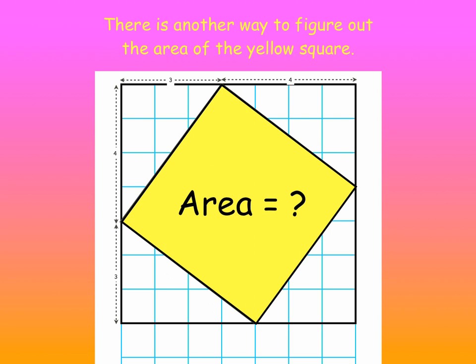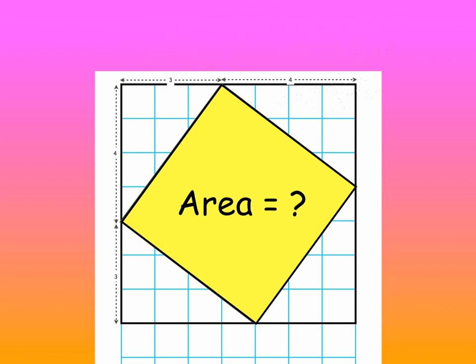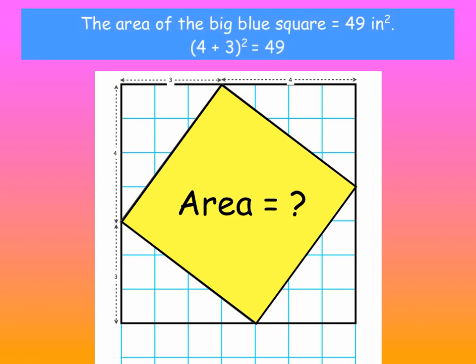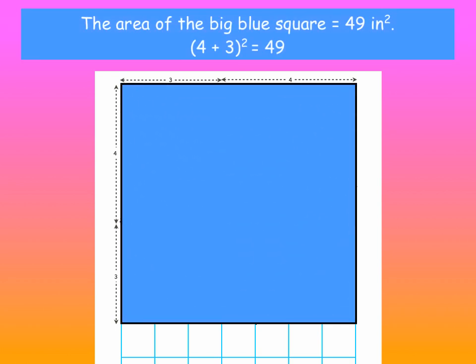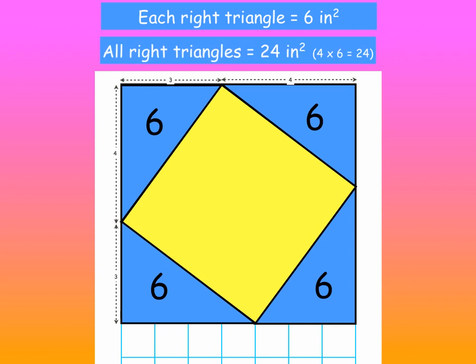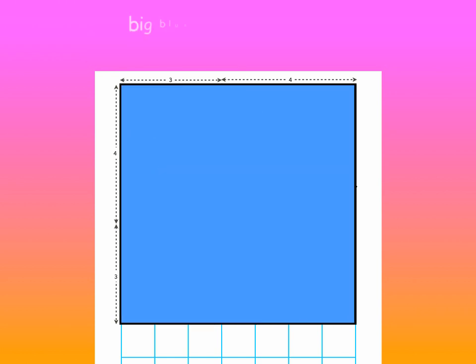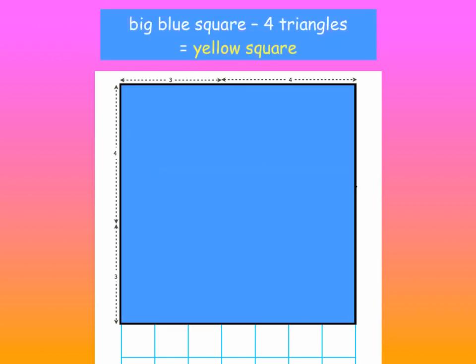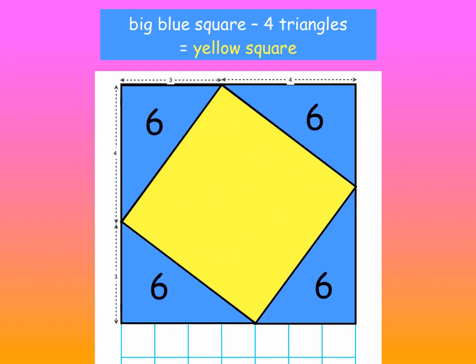There is another way to figure out the area of the yellow square. The area of the big blue square is 49 square inches, because 4 plus 3 is 7, 7 squared is 49. And each right triangle is 6, we already know that, and 24 altogether. The big blue square minus the 4 triangles equals the yellow square.